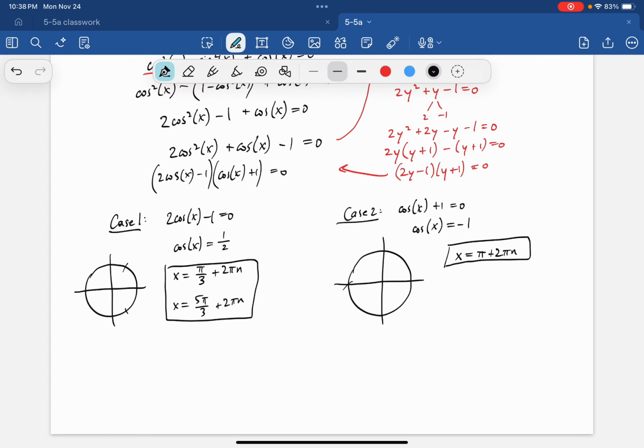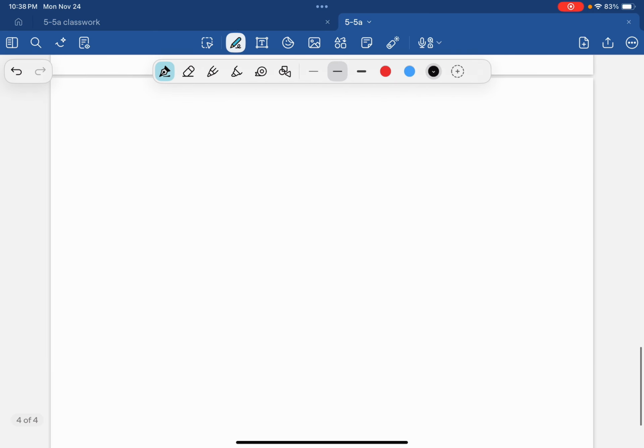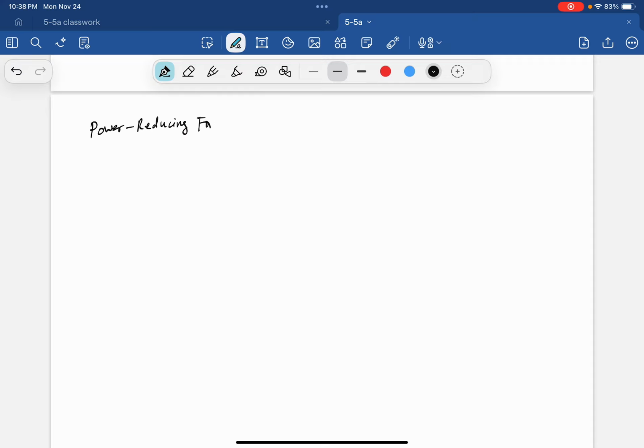All right, let's go on to the next topic, which is power reduction formulas, or power reducing formulas. And let me explain the motivation behind these formulas.